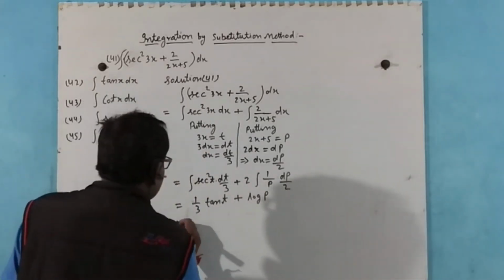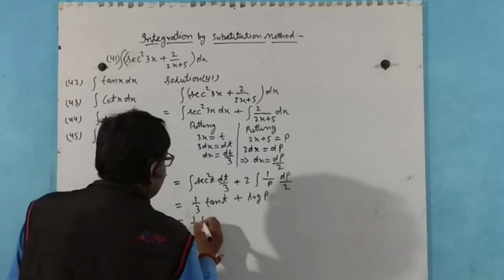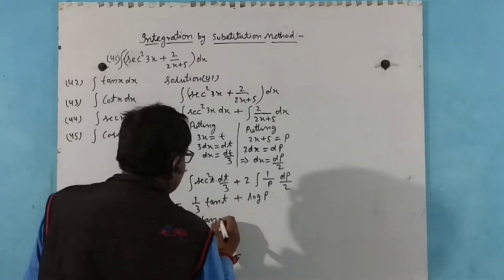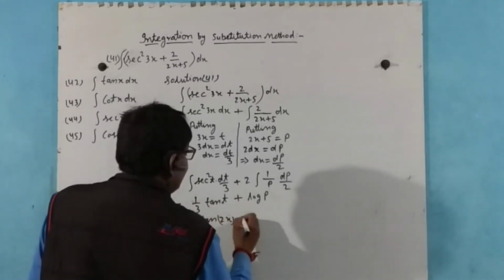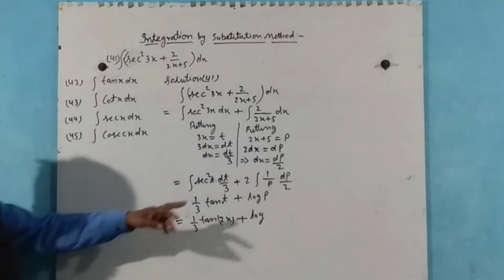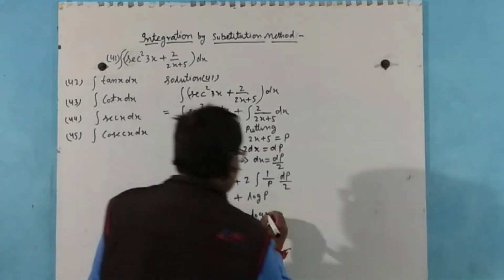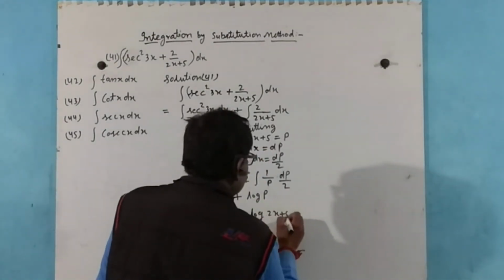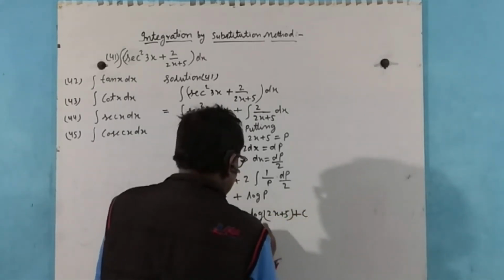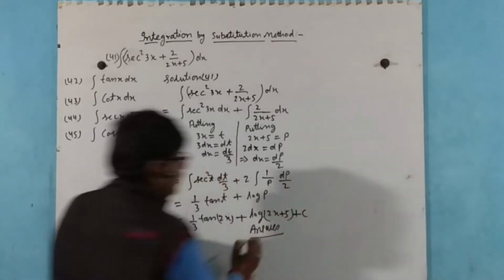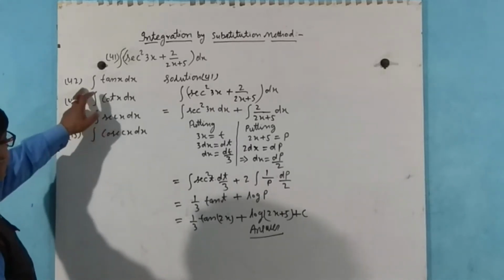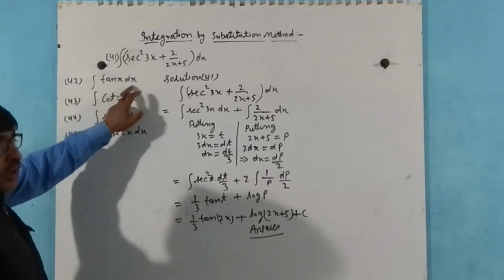Putting the value of t, 1 by 3 tan 3x plus log of 2x plus 5 plus integration constant c. This is our answer. Now we take the question number 42, integration of tan x dx.